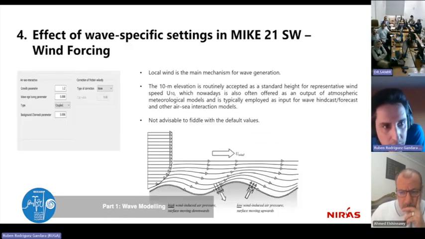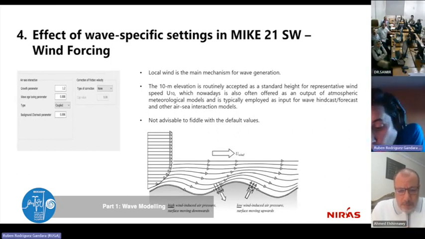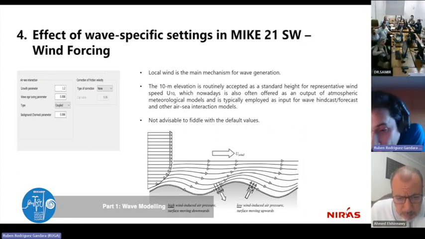Good. So this was the wind forcing. In the wind forcing section, you will have to specify whether you are going to impose wind or not. You know what is going to happen in your model if you don't impose wind: after a few simulations or a few time steps, all the waves will die because you don't have any energy to support the travel of those waves.